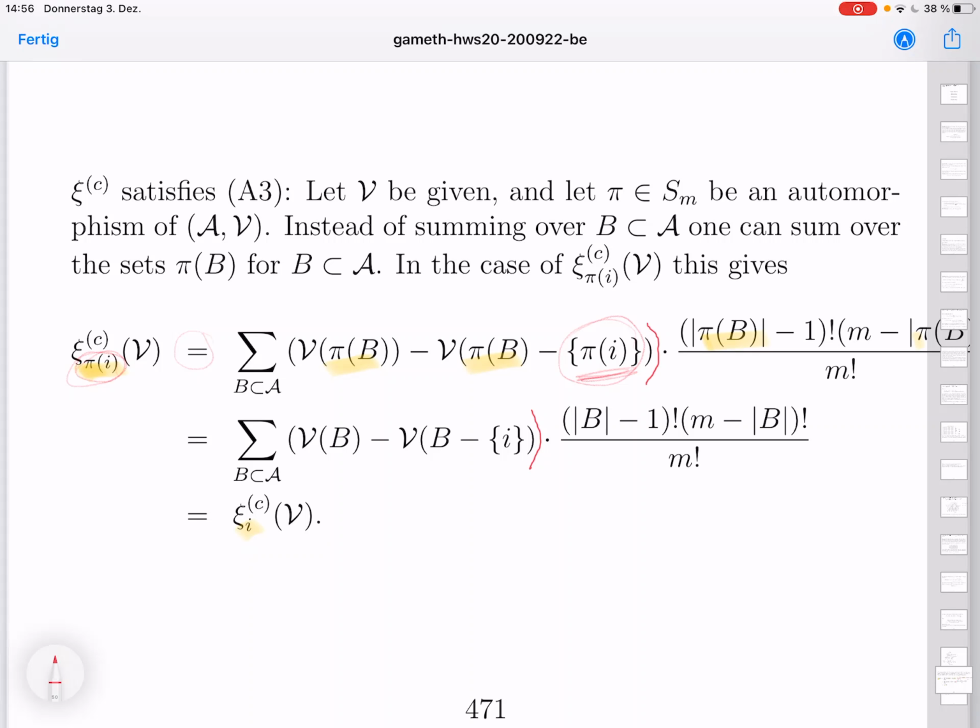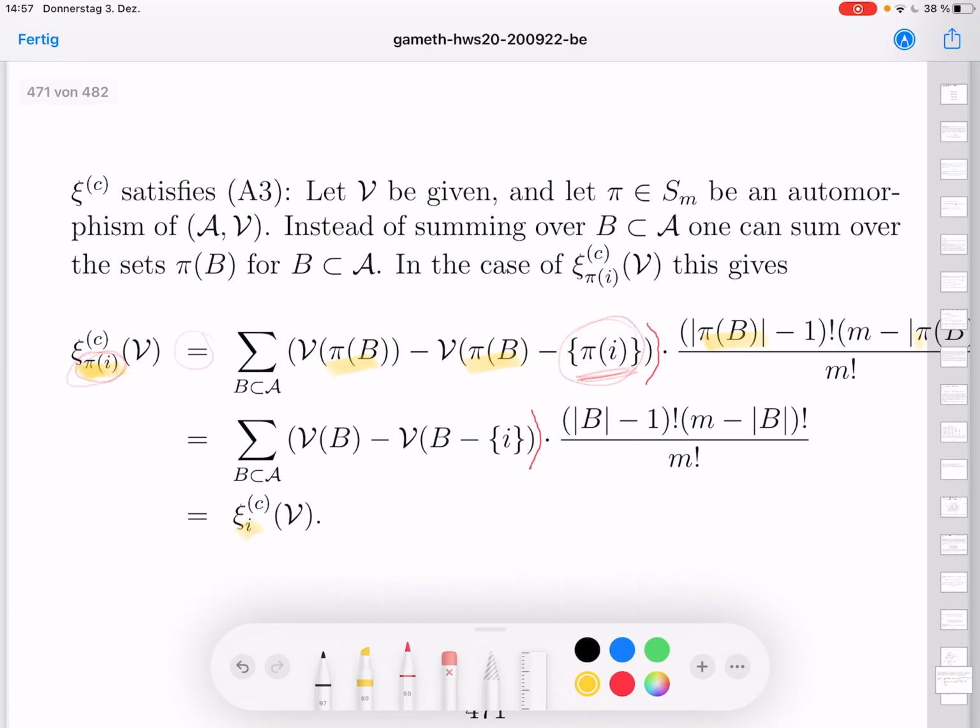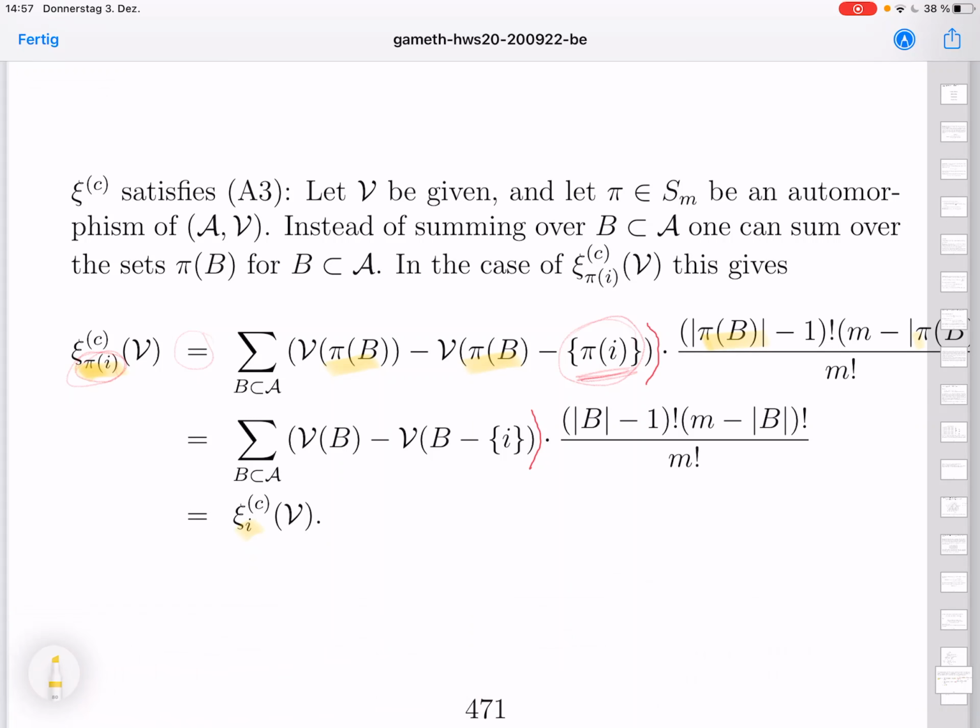Because pi is a symmetry, this whole difference is the same as this difference here. And pi of B has the same number of elements as B, so here the number is the same as this number, and also here this is again the same number.